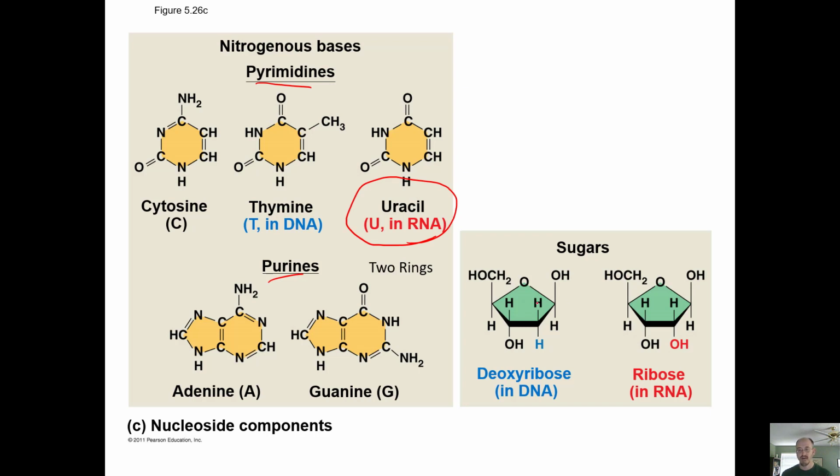The sugars are about the same in DNA and RNA, but the 2nd carbon here in DNA has an H instead of an OH, making the sugar deoxyribose. It's missing an oxygen, versus ribose in RNA. So if you see a molecule like this and it has, here's the sugar, if it has an OH here, you know it is RNA, and if it has uracil U attached to it, you know it's RNA.